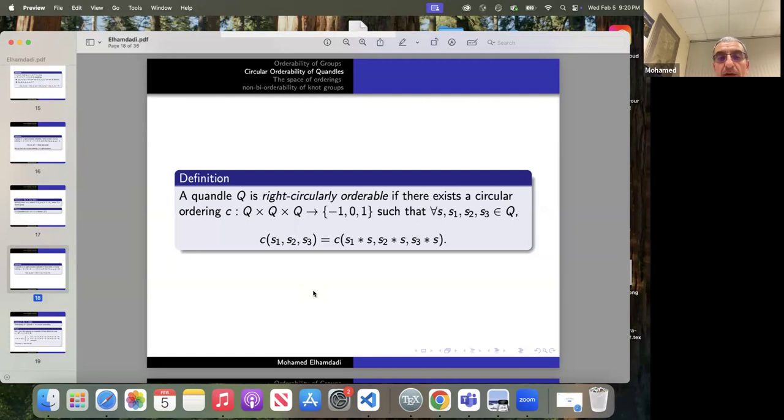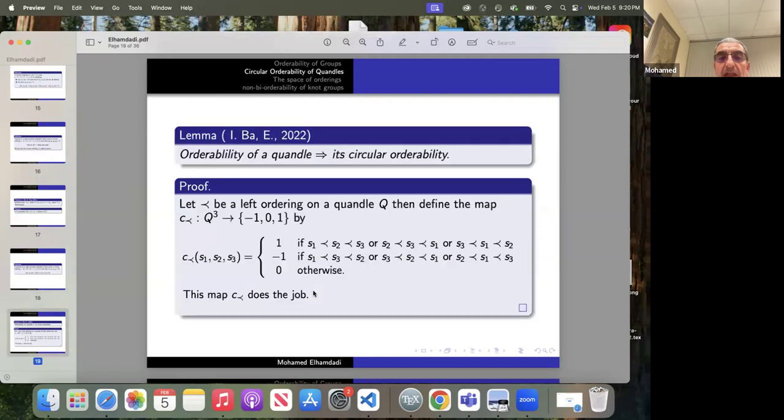If it's left circular orderability, we require it to be invariant from the left. Back in 2022, we proved that orderability of a quandle implies its circular orderability. Orderability implies circular orderability, but not the other way.